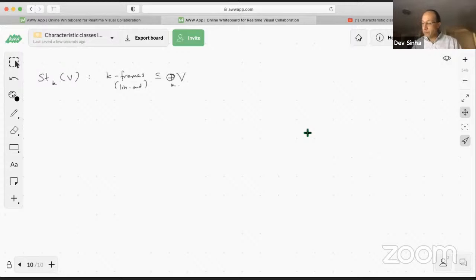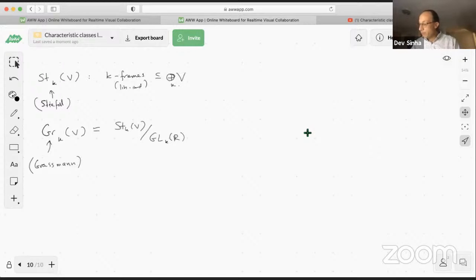And then define Gr_k(V), the Grassmannian. So St is Stiefel, and this is Grassmann. So what is this? It's going to be the Stiefel manifold in V modulo an action on the Stiefel manifold by GL_k(R).